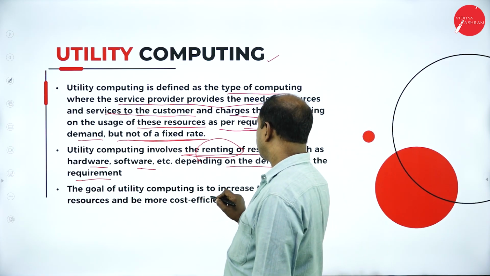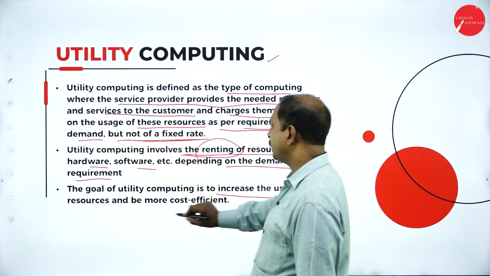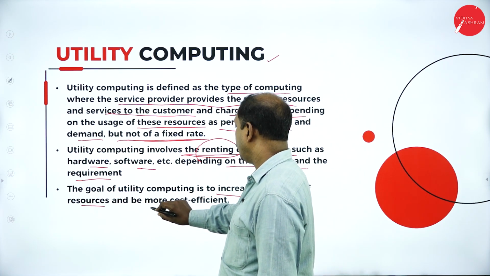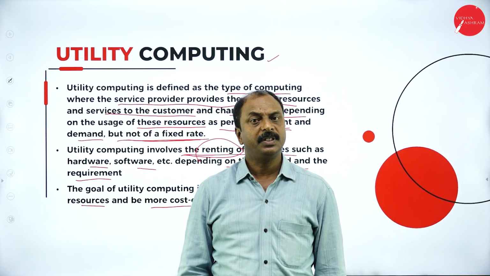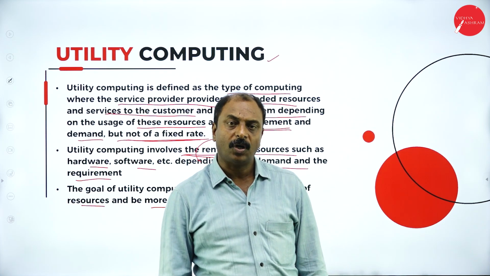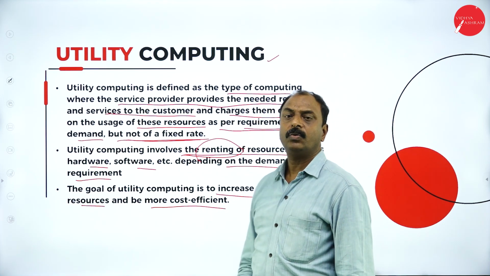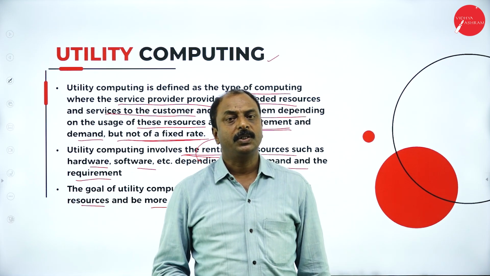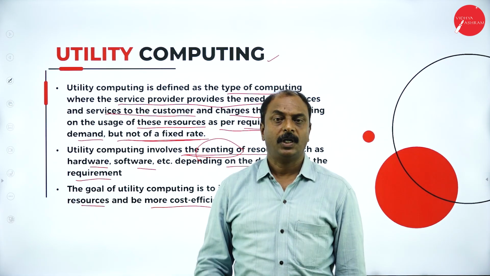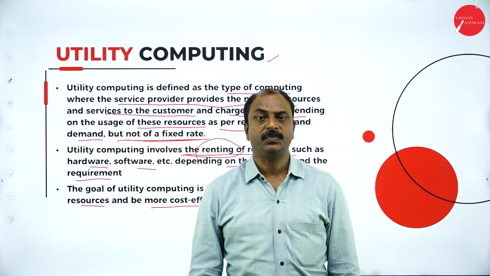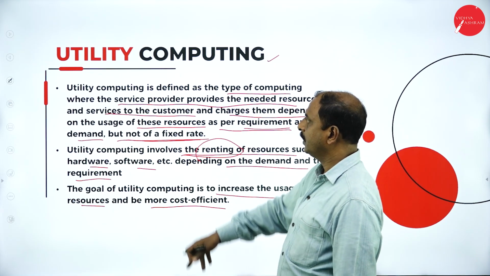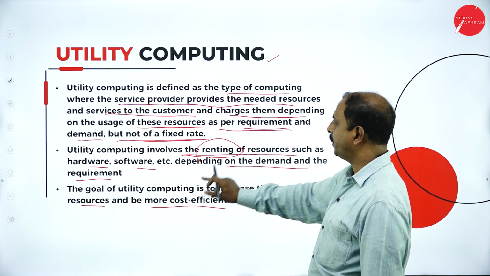The goal is to increase the usage of the resources and be more cost efficient. This is the way we can reduce our cost, because we pay only for how much we have utilized the services from utility computing. So this is the goal of utility computing.